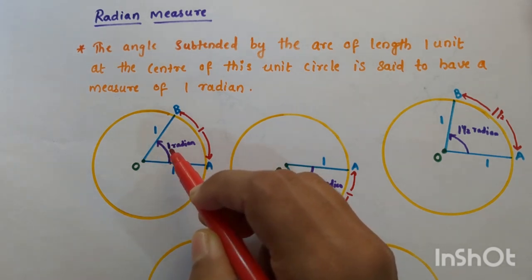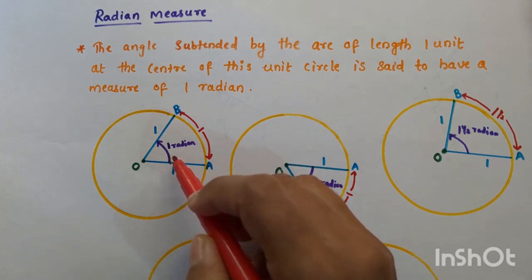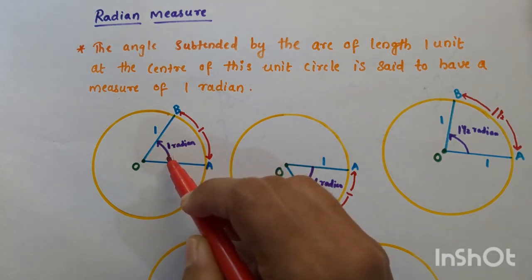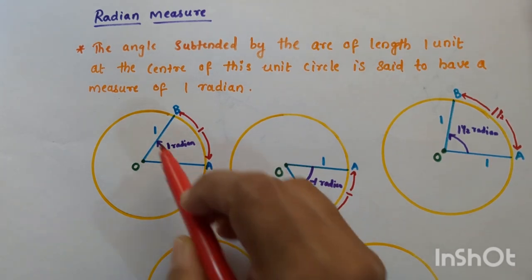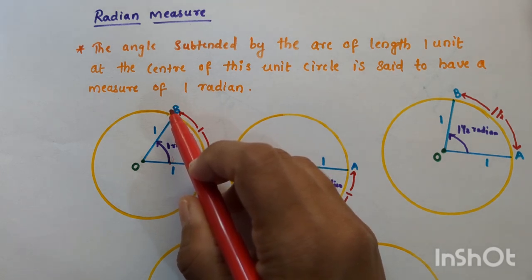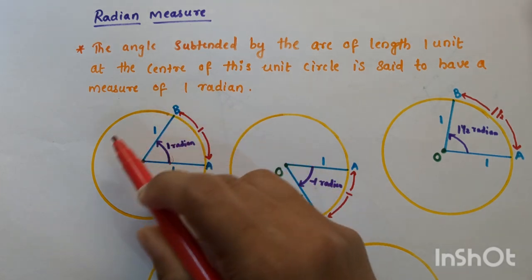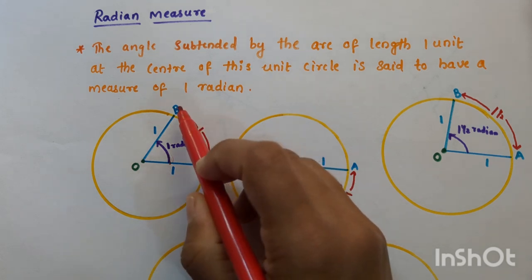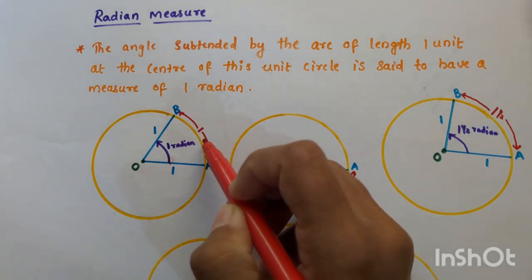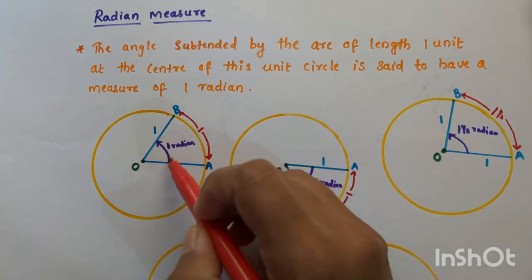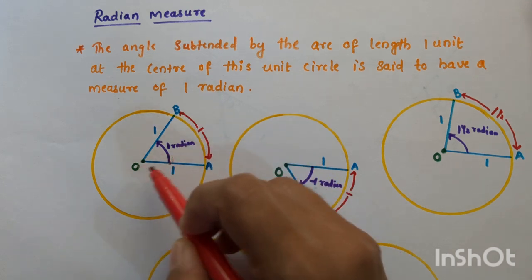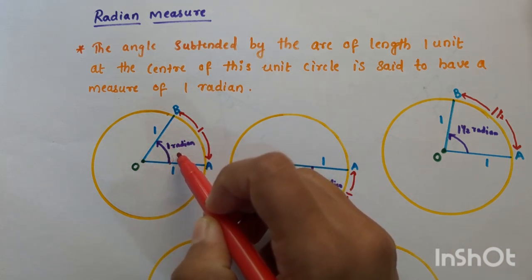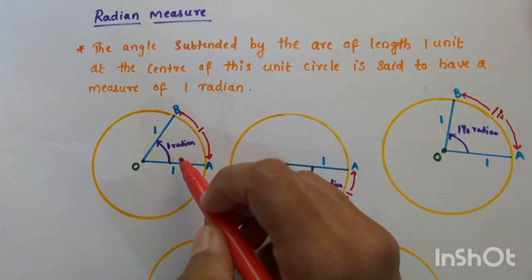Okay, so you see, this figure shows the angle whose measure is 1 radian. OA is the initial side, OB is the terminal side. Here it is a unit circle, a circle of radius 1 unit. We considered an arc length of 1 unit. Then the angle subtended by this arc at the center of this unit circle is equal to 1 radian.